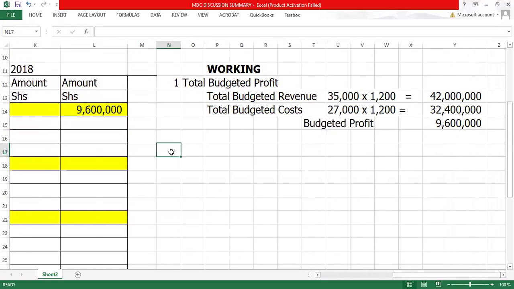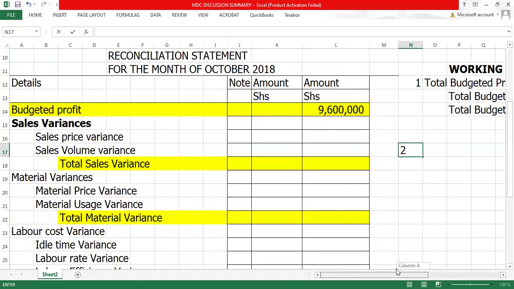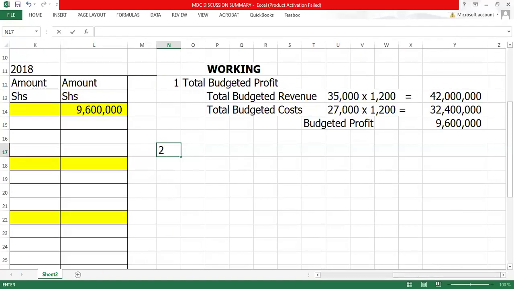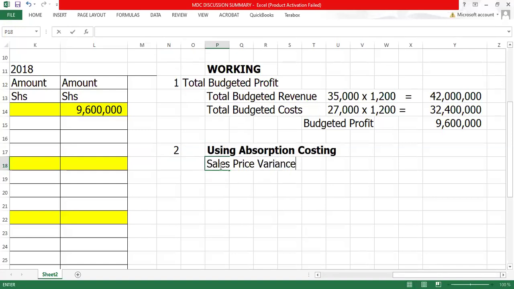Then number 2, we proceed now to sales. Now, when you're handling sales using absorption costing variance, how do you get the sales price variance? There are some steps that you need to follow.